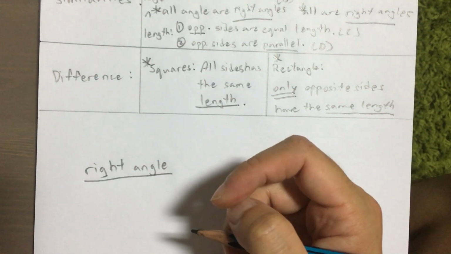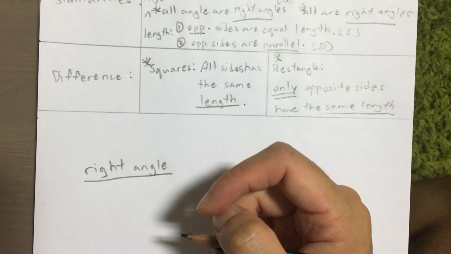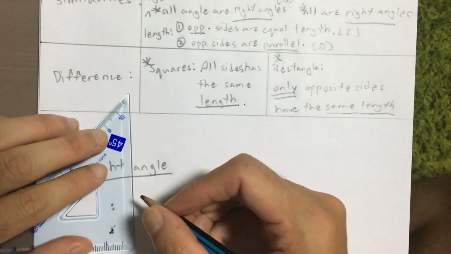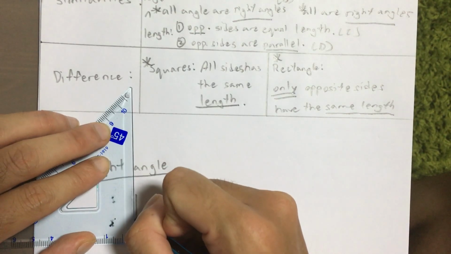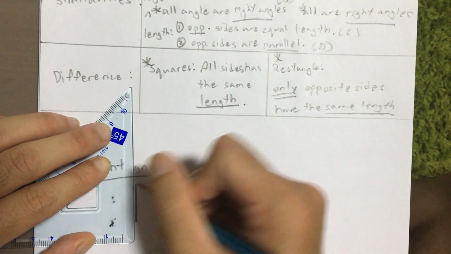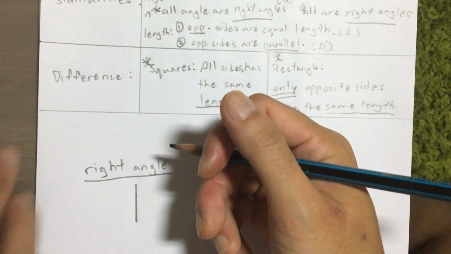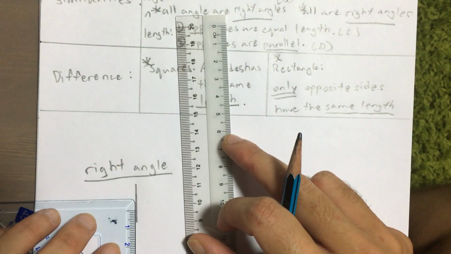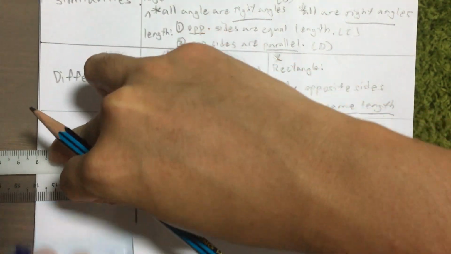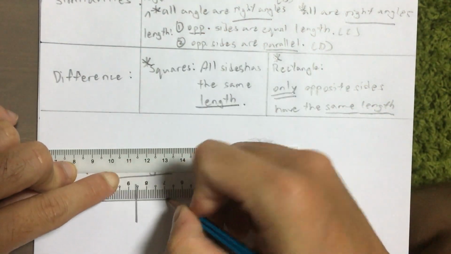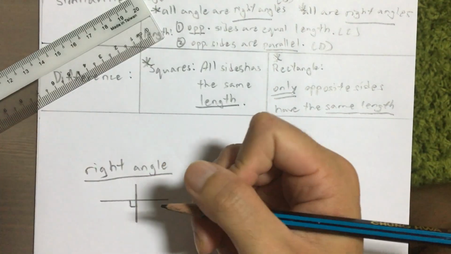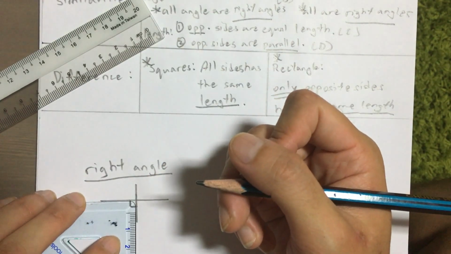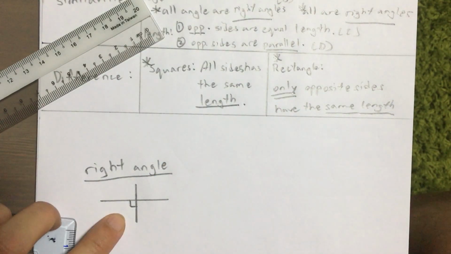If I use a set square and draw one line here, and then if we still remember how to draw a perpendicular line, let me just demonstrate. I put a ruler here and draw a line over here, and then I know that this is a right angle, because even if I measure, right angle.